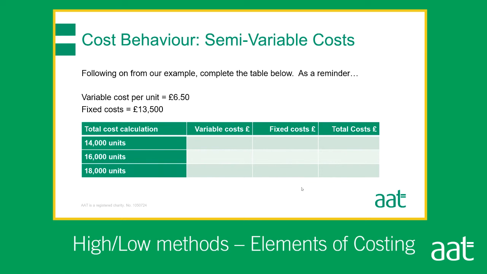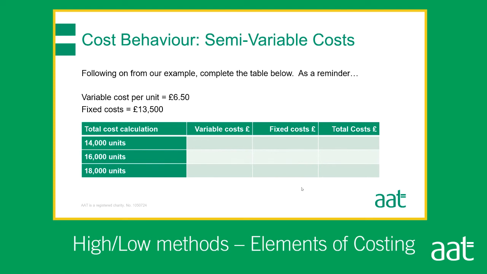Okay, I've got an answer here from Sarah, and we've got 91,000 and 104,500, which I believe is going to be the 14,000 units. Is that right? Yep, absolutely. And Harmon has got the other variable costs.